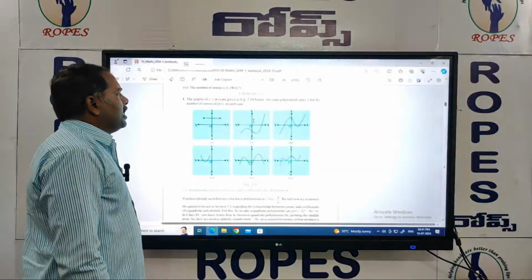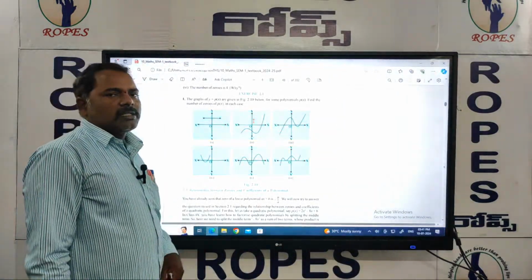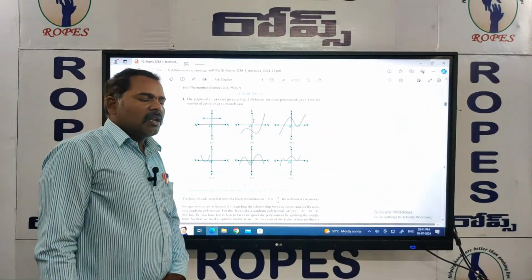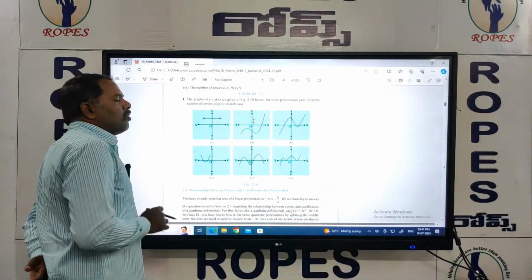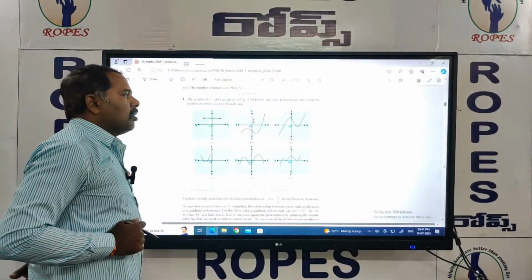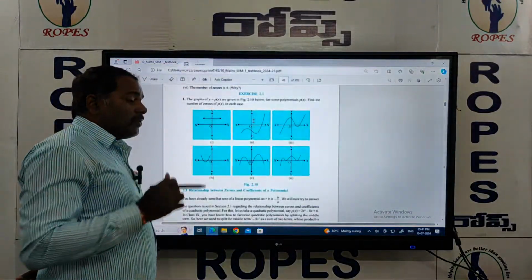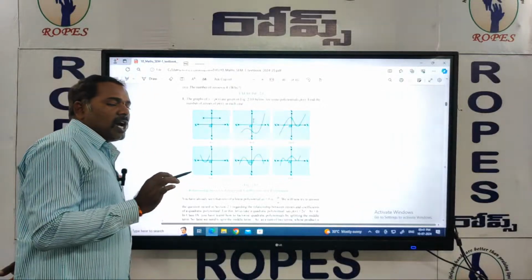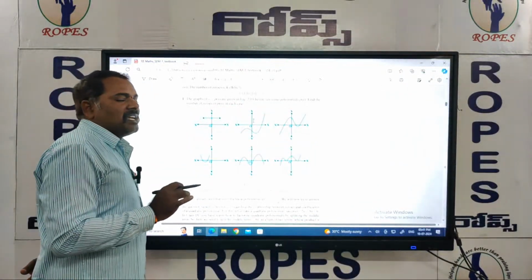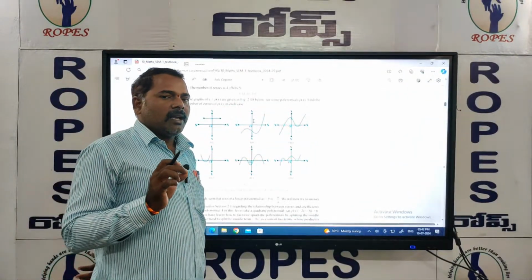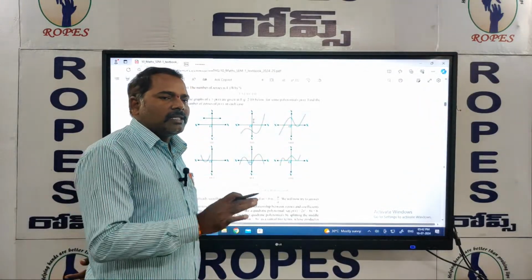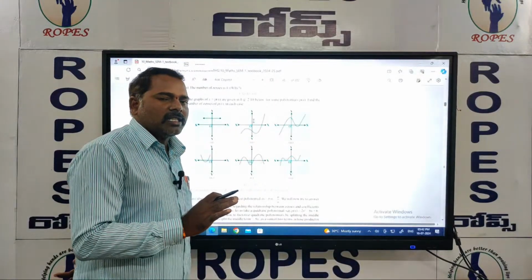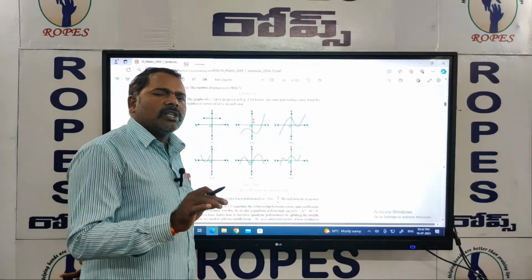See here, if you observe exercise 2.1, one more thing we want to learn. If the graph you are drawing is touching the x-axis, then it has a zero. If the graph is not touching the x-axis, if it is only touching the y-axis, then there are no zeros.